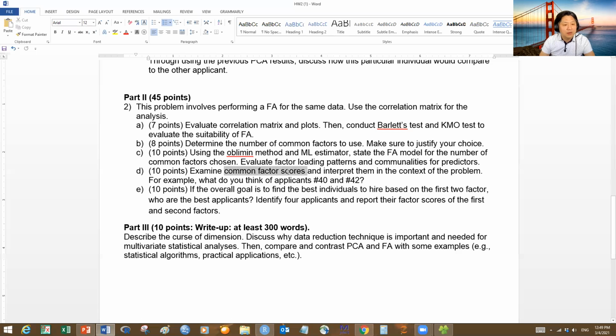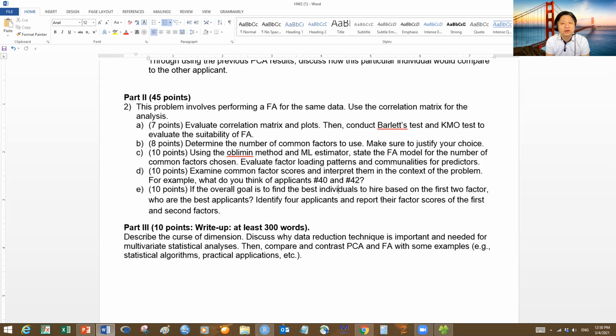And examine common factors and interpret them in the context of the problem. That means you can interpret the factors, right? For example, for cognitive ability variables, maybe factor one may explain some cognitive abilities.